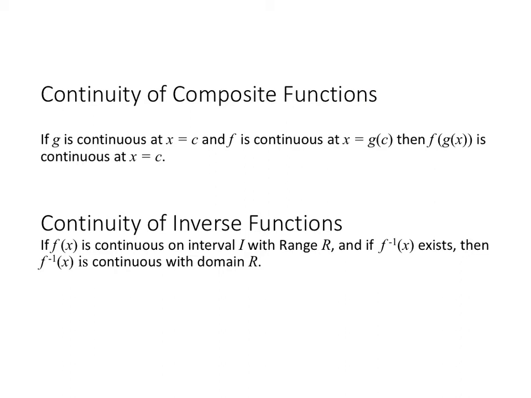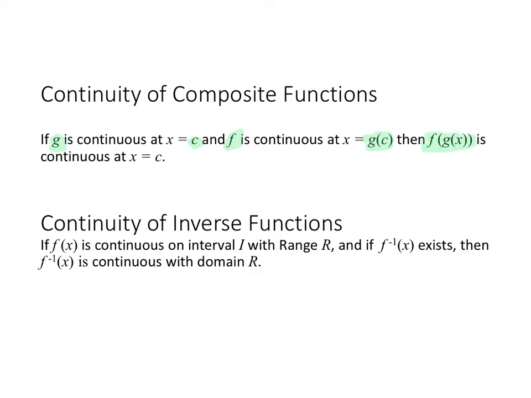You can even compose continuous functions. So if g is continuous at some point c, and f is continuous at g of c, then f of g of c is continuous.